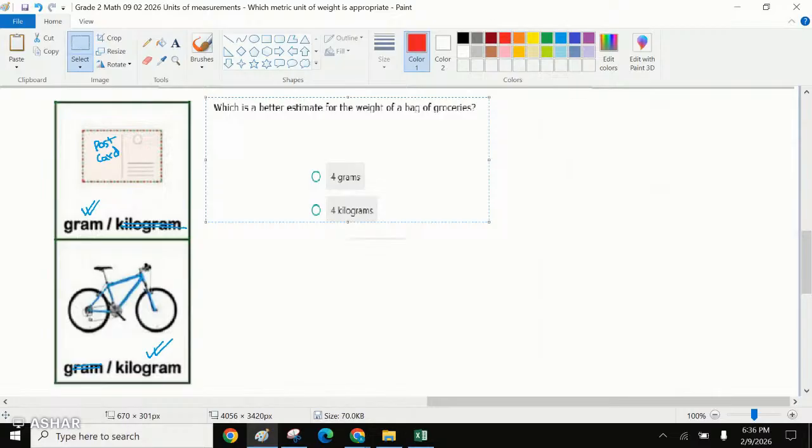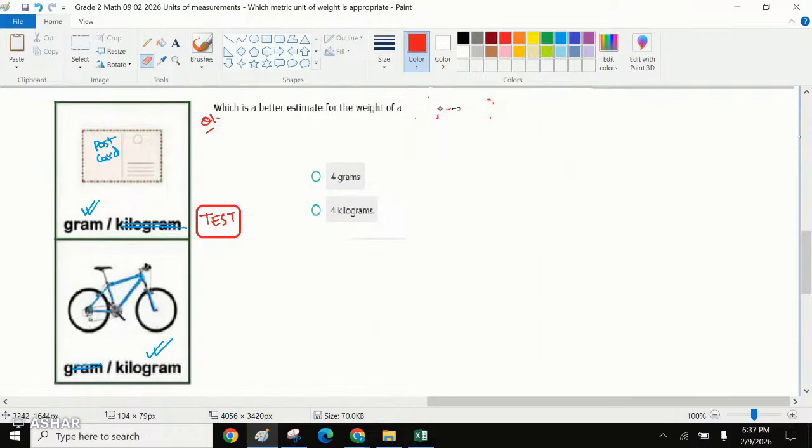Bag of groceries. Question number 1 from the test. Which is the better estimate for a bag of groceries? 4 grams. You sure? For a bag of groceries.